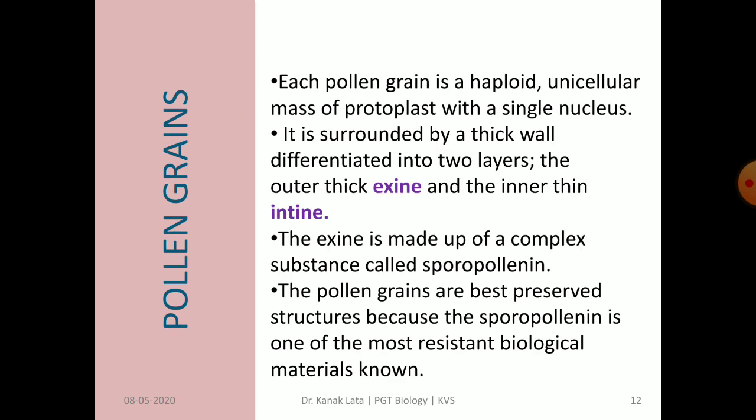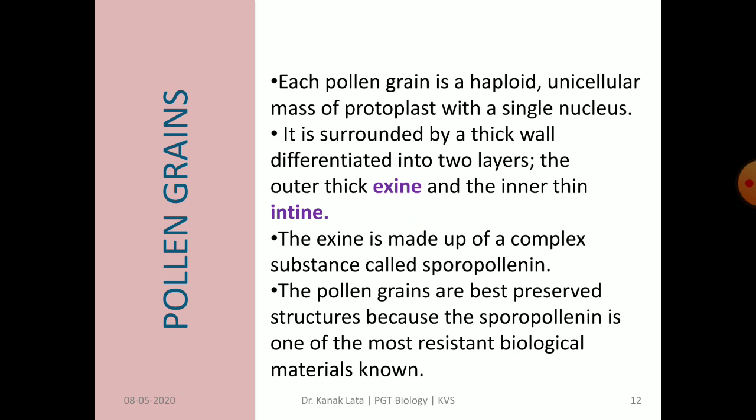Now the next topic is pollen grain. Since pollen grains are the outcome of meiotic division, they are haploid in number of chromosomes. They have a nucleus and a mass of protoplast. Each pollen grain is differentiated into 2 layers. What are the 2 layers? Outer layer exine and inner layer intine. The exine is thick, whereas intine is thin.